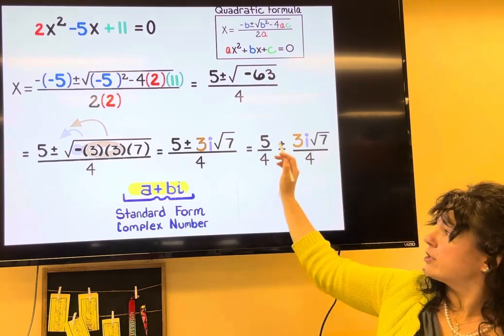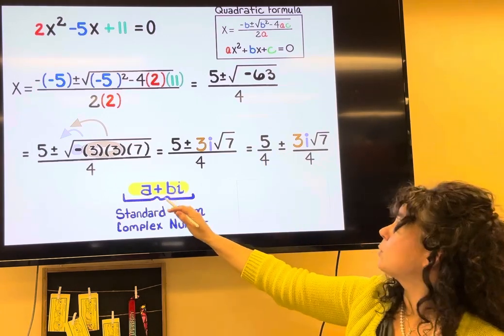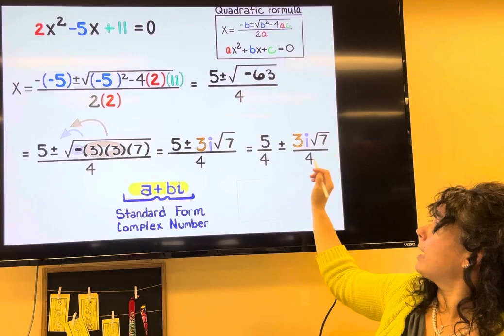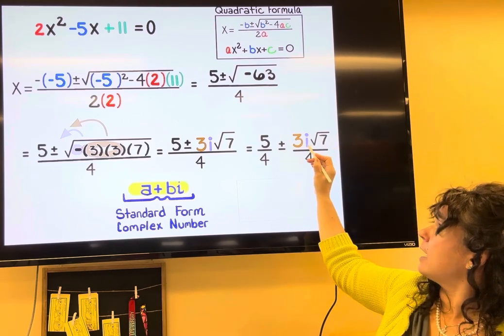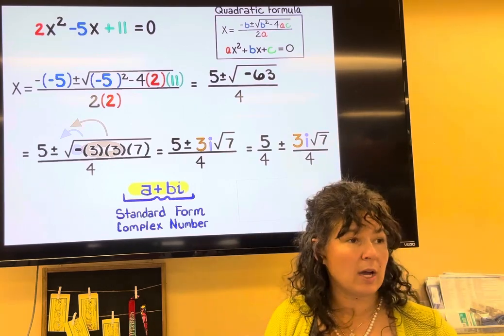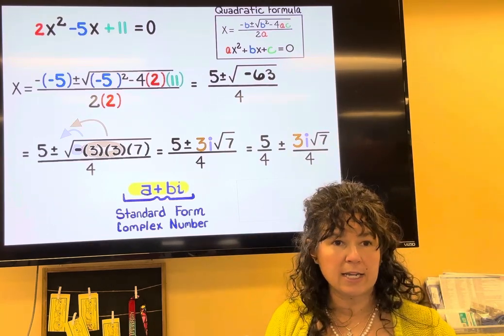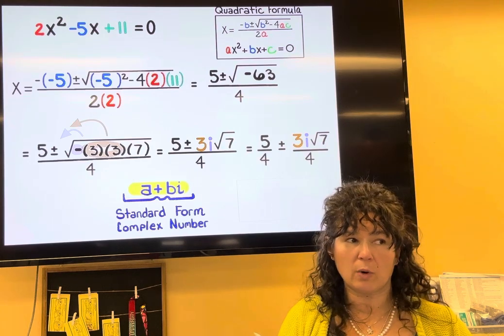Now to finish this, I can see that my a is 5/4, but I really want to emphasize what my b is. So I want to have the number and then the i off to the side. So this i, I'm going to put after the fraction. Be careful if you have so-so handwriting, because you don't want that i to accidentally look like it's underneath the square root.